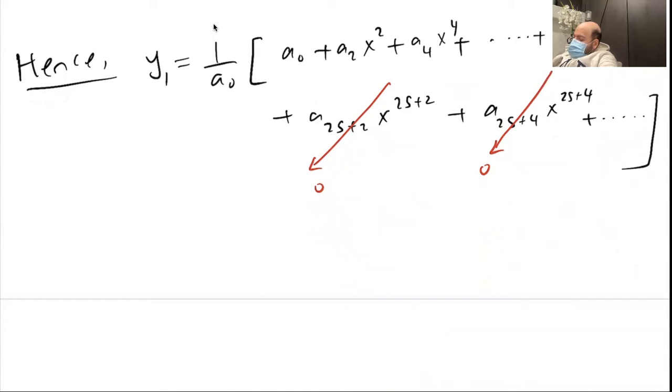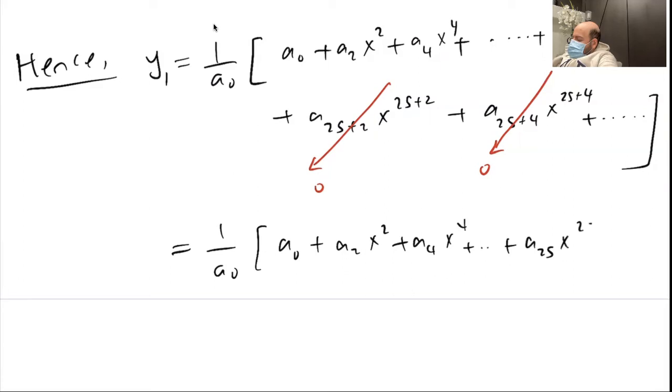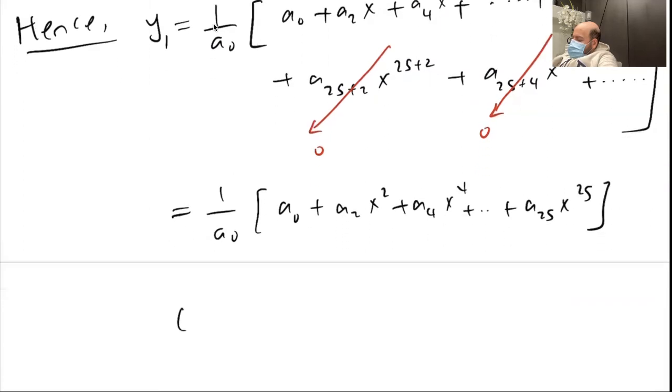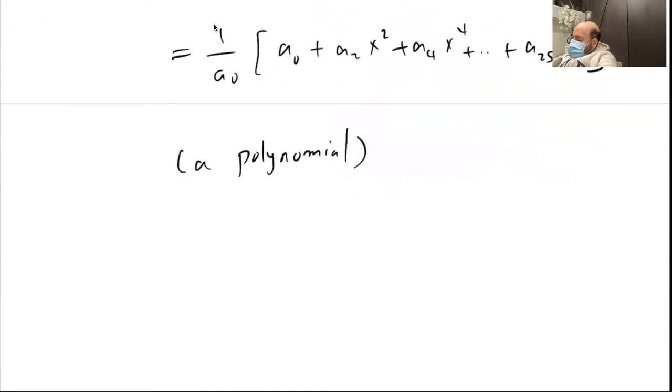So then we'll be left with 1 over a0 times a0 plus a2x squared plus a4x to the power 4, all the way to a2s x to the power 2s, and this is a polynomial. So in the case that L is an even number, y1 turns out to be a polynomial.